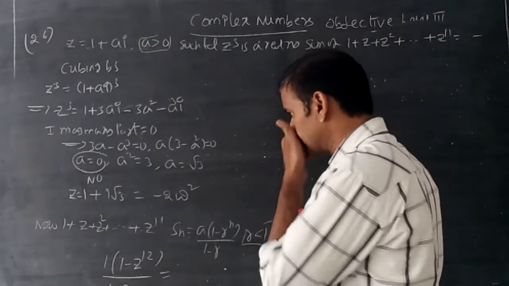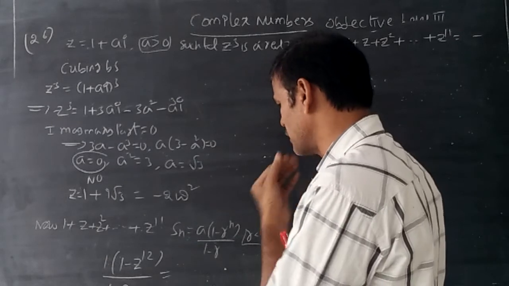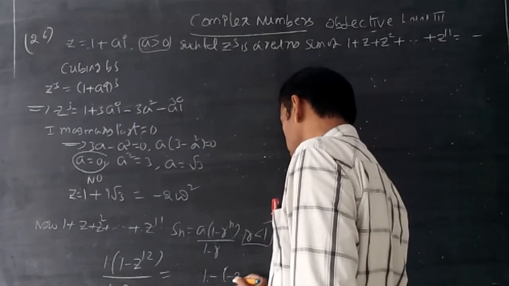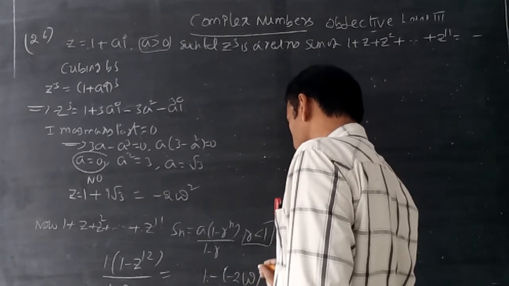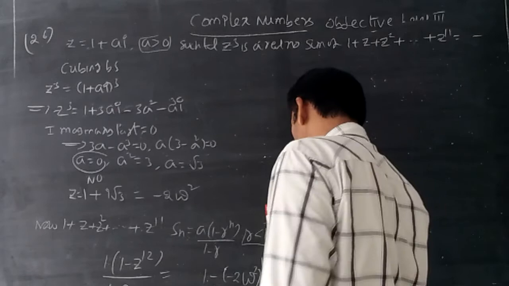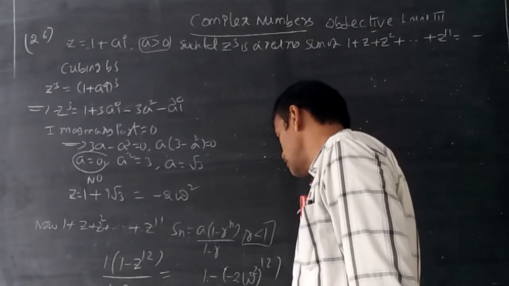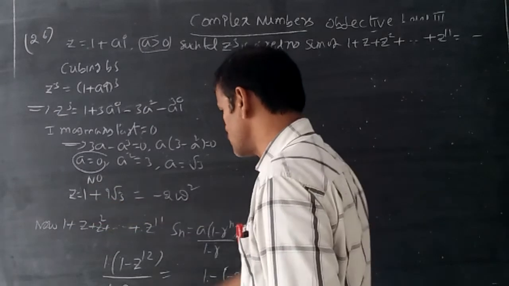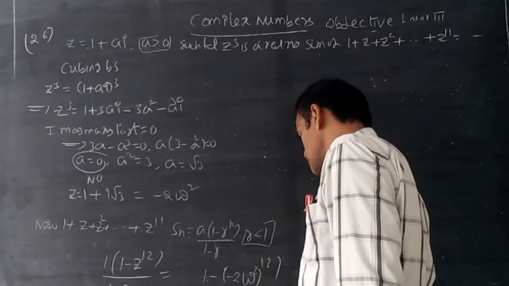So 1 minus z power 12 means minus 2 omega square whole power 12, divided by 1 minus z, meaning 1 minus 1 minus i root 3.